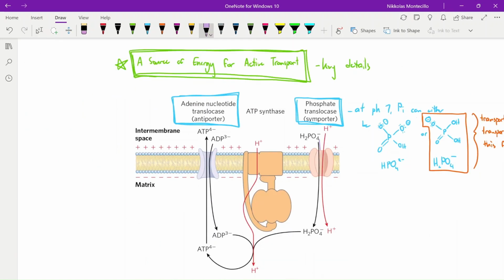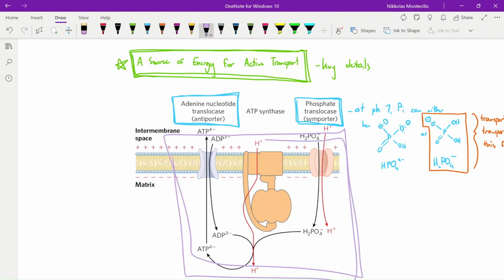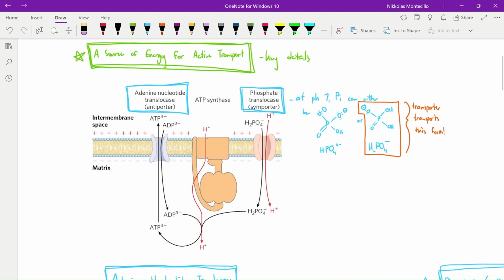One phosphate group goes through, 3 hydrogen protons go through ATP synthase, while 1 goes through the phosphate translocase protein. And essentially, that phosphate group will react with ADP to form ATP, right? That's essentially this whole diagram here. That's the connection between the three enzymes.